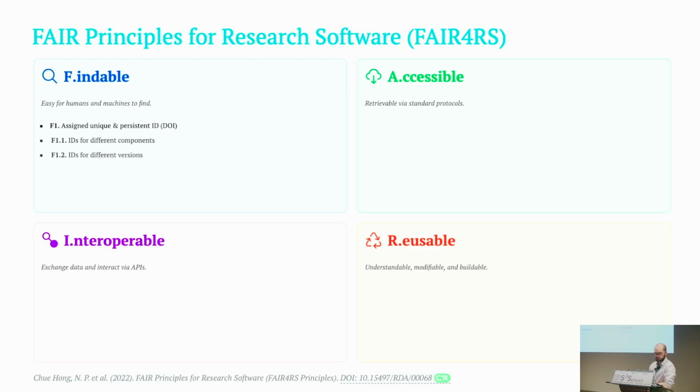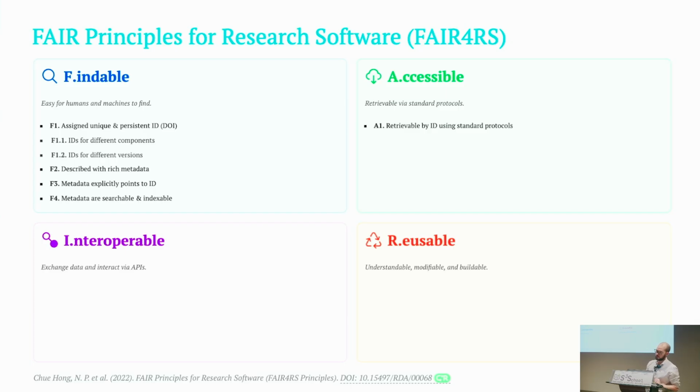And different IDs for different versions. It should be described with rich metadata. And the metadata explicitly points to these identifiers. Finally, these metadata should be searchable and indexable, so they can be used also by machines, and we can use them to search and find your software.